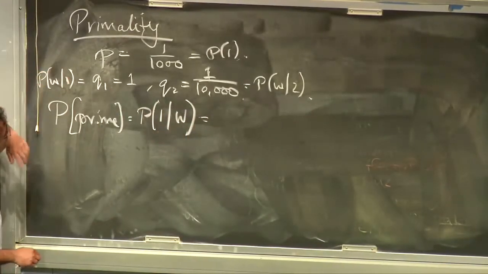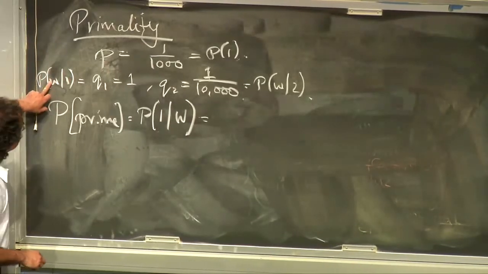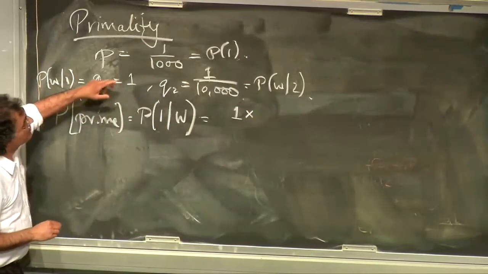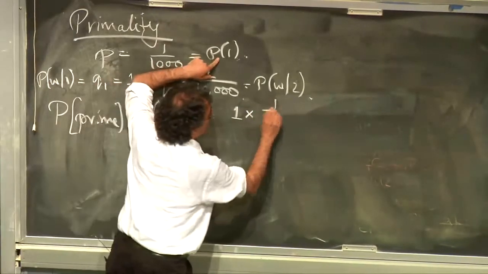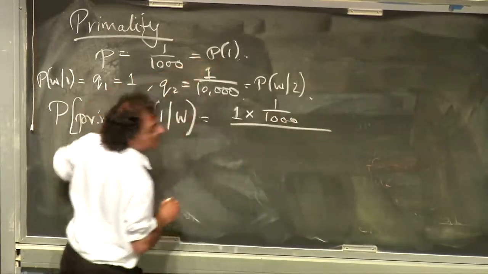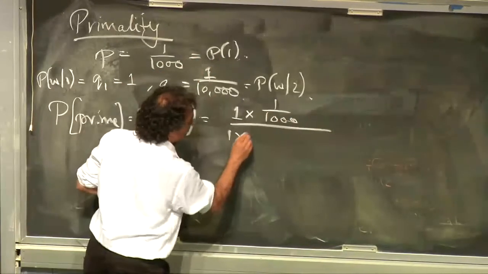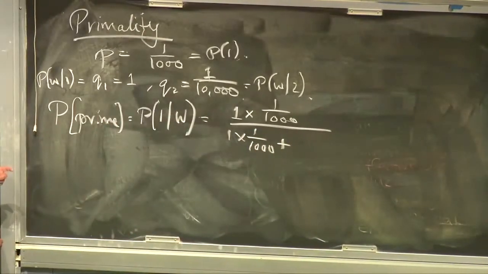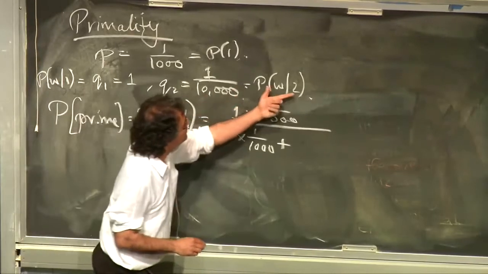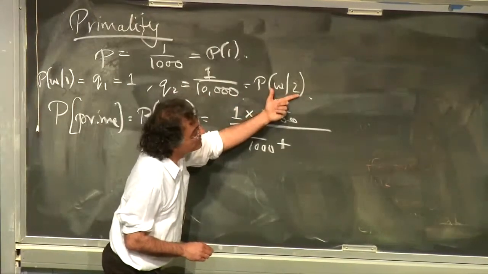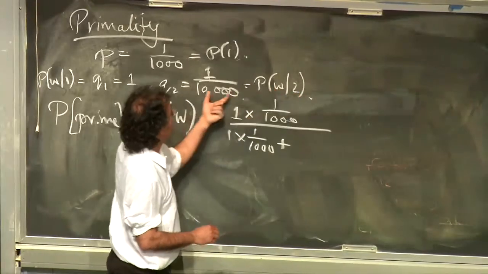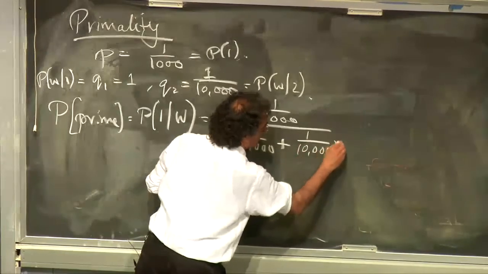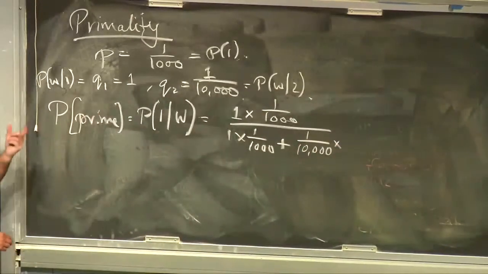And now by a formula, this is probability of white given 1, so that's 1 times probability of 1, which is 1 over 1,000, divided by 1 times 1 over 1,000 plus probability of white given 2, right? Probability that it outputs yes, even though it's a composite, which is 1 over 10,000, times probability of 2.